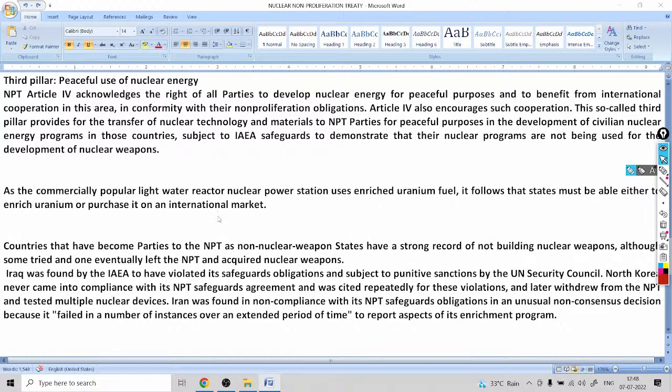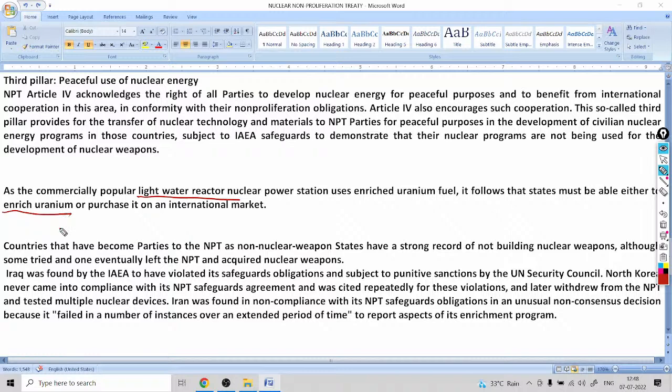Because the most important civilian use of nuclear technology is power generation, and the most popular reactor used for power generation is the light water reactor, which uses enriched uranium as fuel.